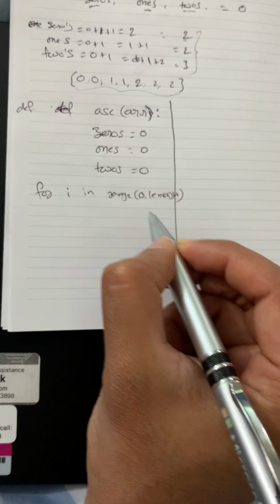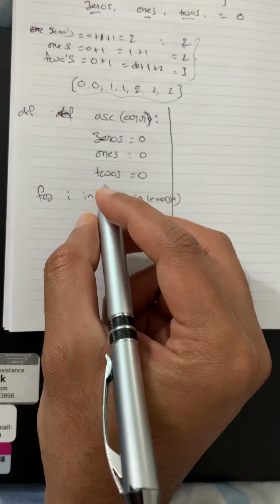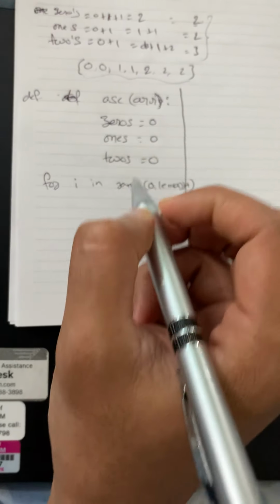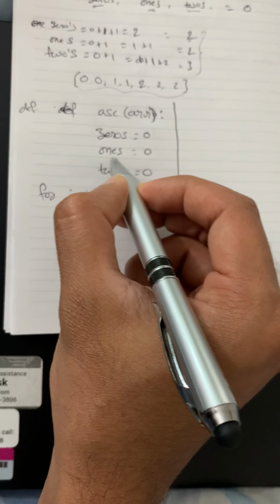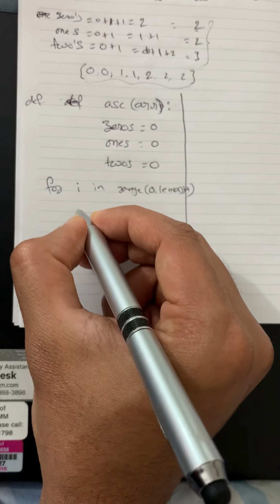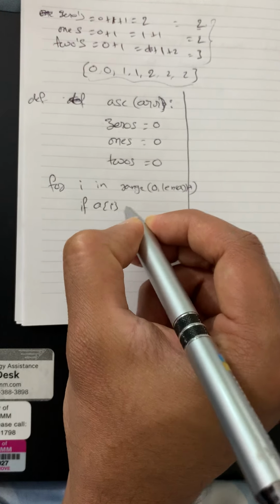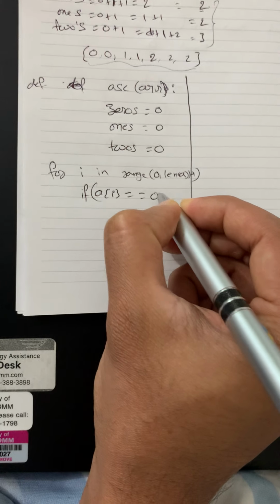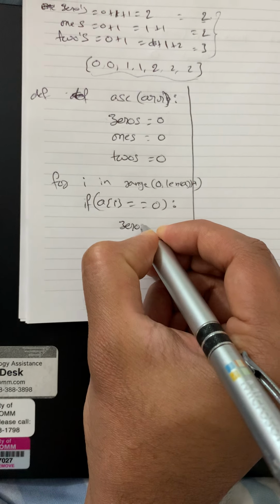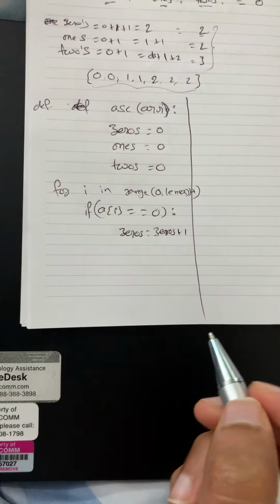So for i in range, I'll have to use three if statements. One is going to handle zeros, another handles ones, and the next handles twos. So if a of i equal to 0, I will be incrementing zeros: zeros equal to zeros plus 1.